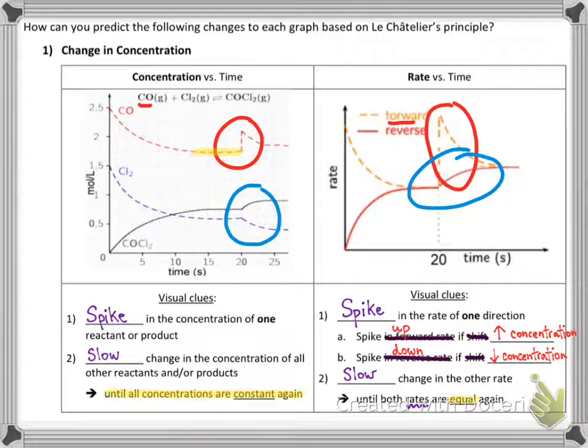Well, notice, Le Chatelier says, gotta use up some of that extra carbon monoxide to get back to equilibrium. But when equilibrium is reestablished, you do still have a smaller amount more of carbon monoxide. So we couldn't completely undo the addition of carbon monoxide, but we mostly did.